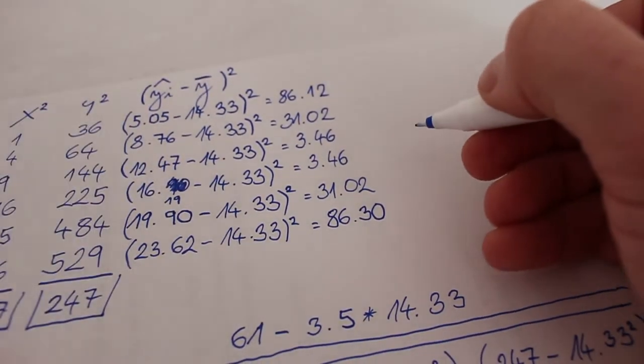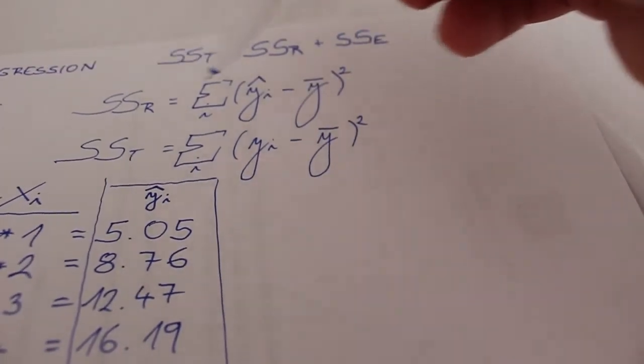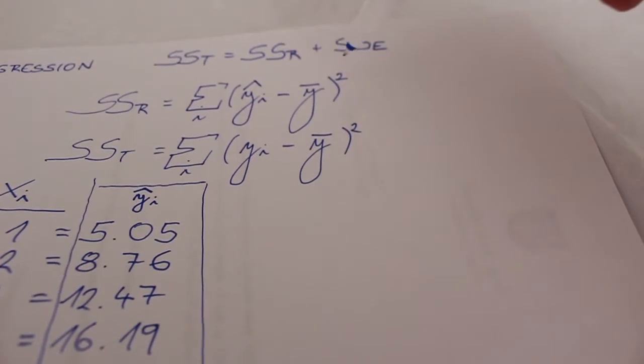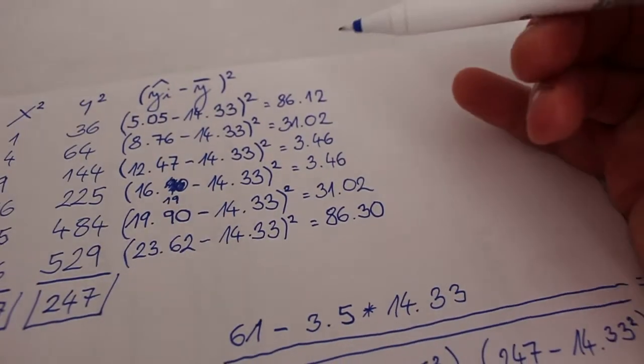Okay, and now according to this formula, the summation of these squares is the regression sum of squares.